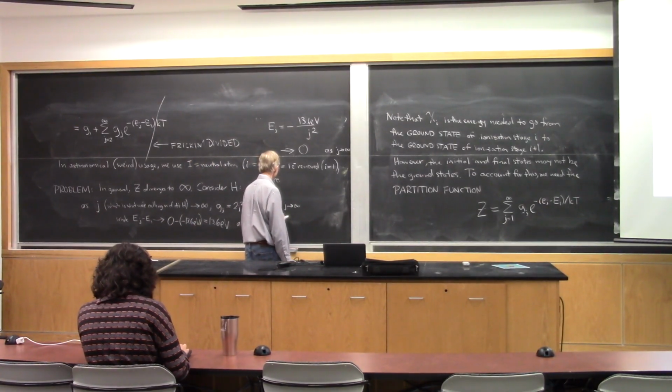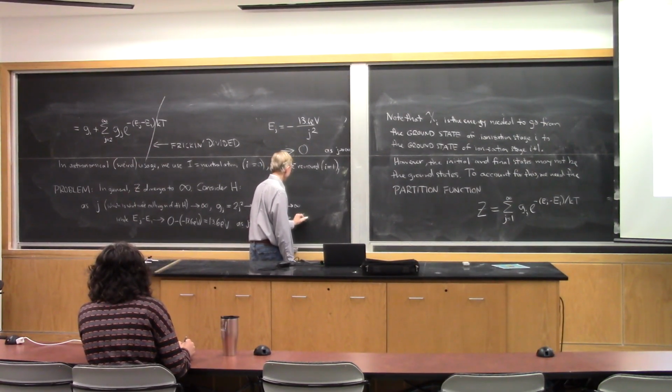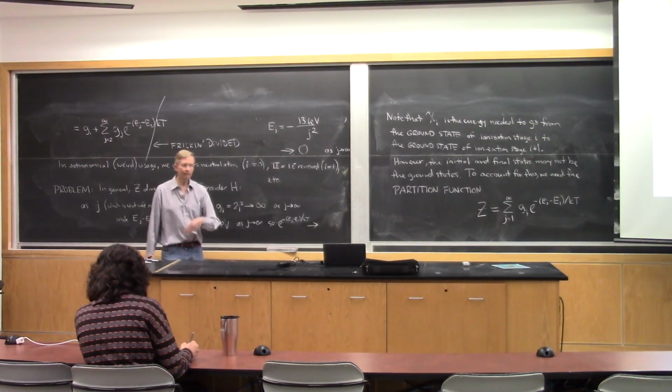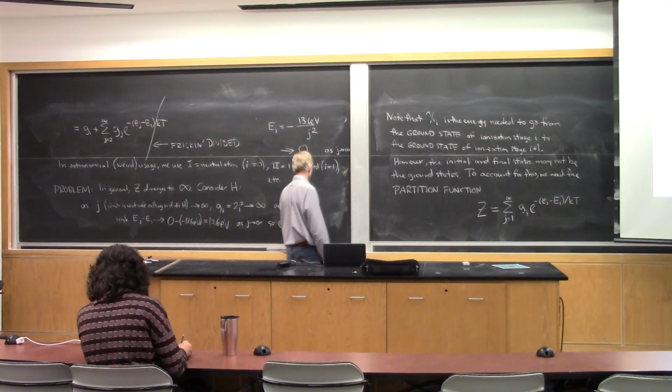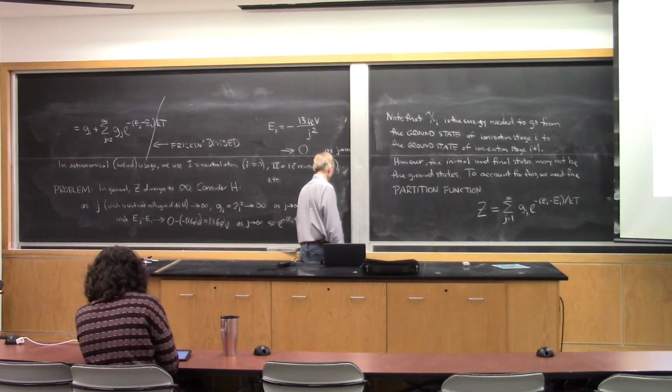So e to the minus E sub J minus E sub 1 over kT goes to some finite value. Some finite non-zero value. It doesn't go to 0. Right?